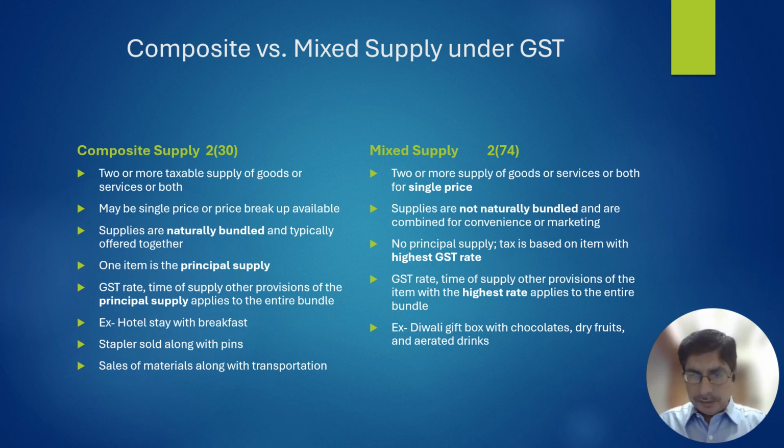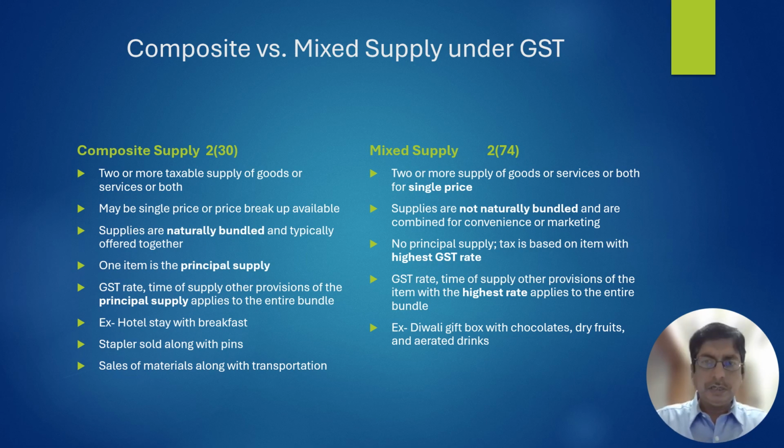The GST rate applicable to the whole bundle is that of the element having the highest rate, and other provisions of the GST law will also apply to the bundle in the manner in which the highest rate applies.